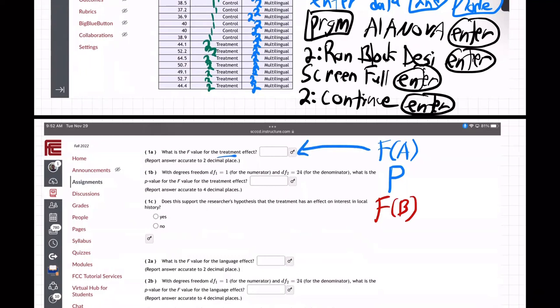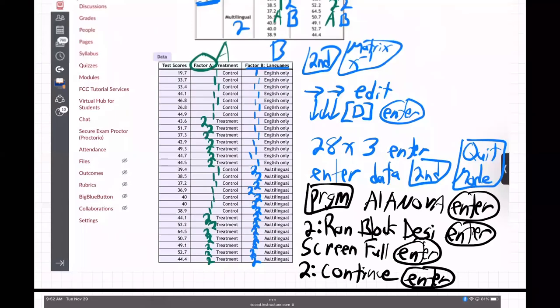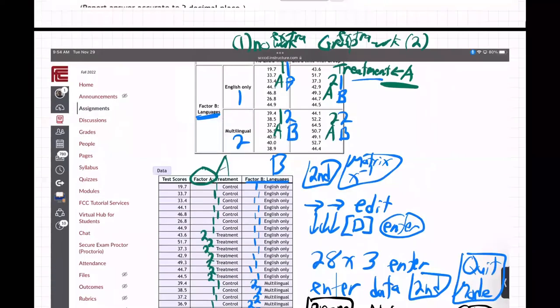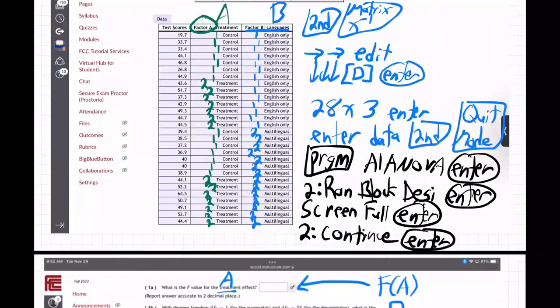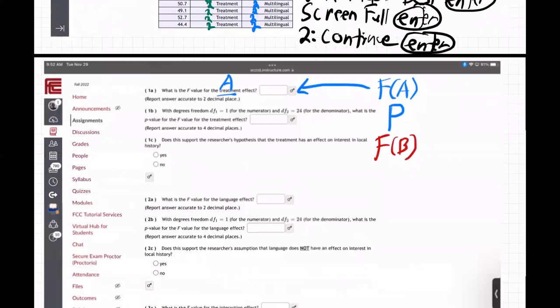This treatment is A. It's whether they're in the group or not. If you look up at the top, we said treatment was whether they were in the group. That's what we're treating them with. We're putting them in a group or not. Treatment, that's A, and then here it wants the p-value.